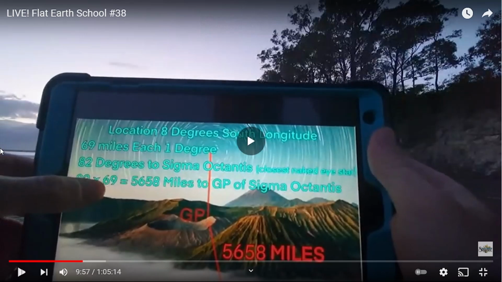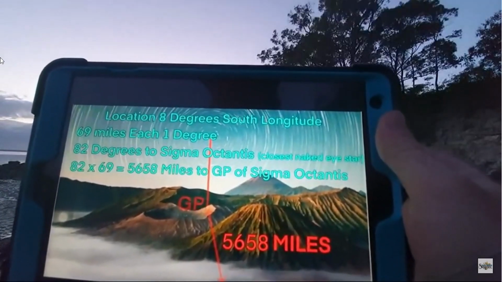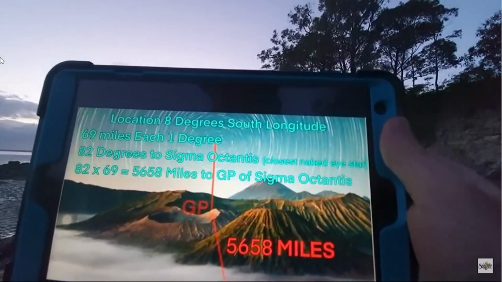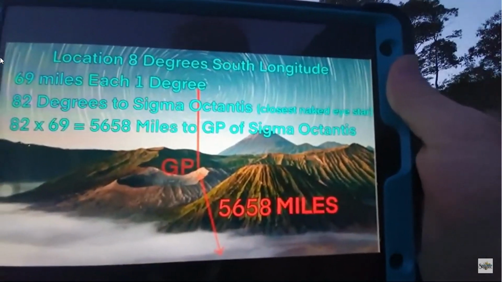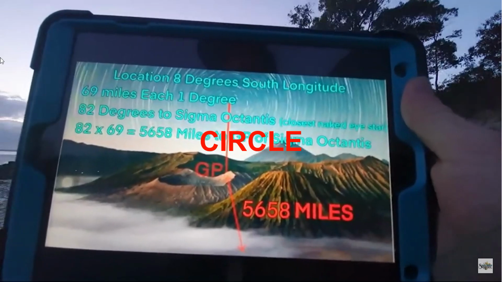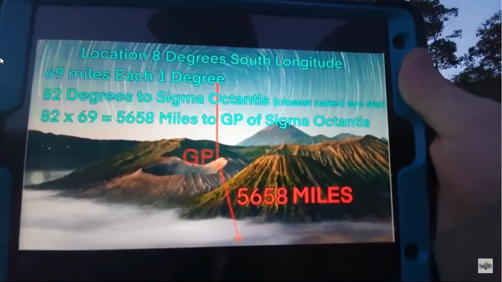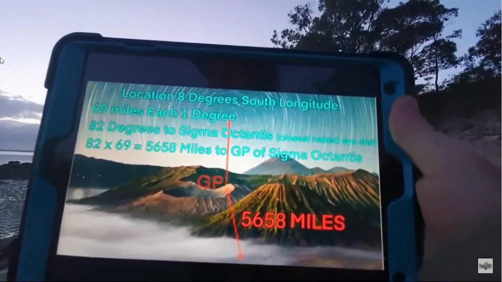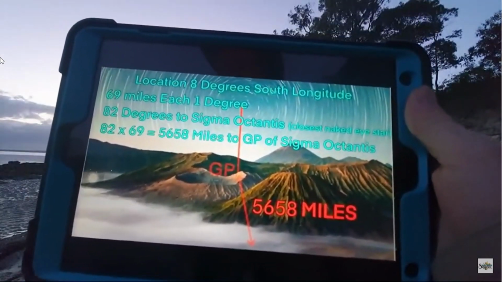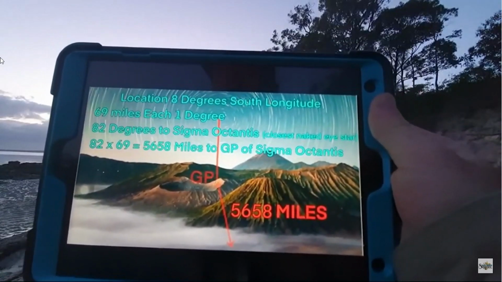Take it away, Mitchell. 69 equals 5,658 miles to the GP of Sigma Octatus. And that creates an area of equal altitude using the sextant. You guys can't get away from the fact that you need a flat plane to measure angles to stars.